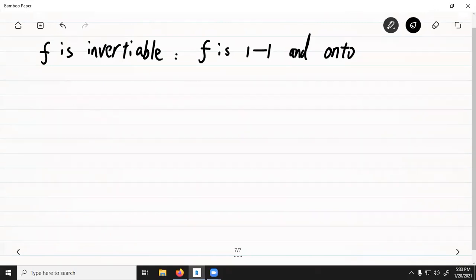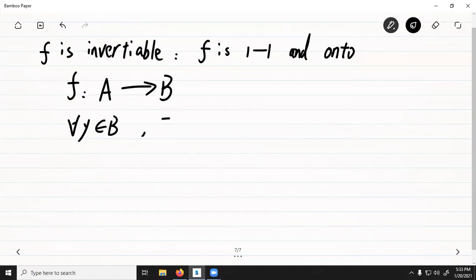So in other words, if f is given by from A to B, if this is the function f, that means for any element y in B, there exists an x in A such that y equals f of x.